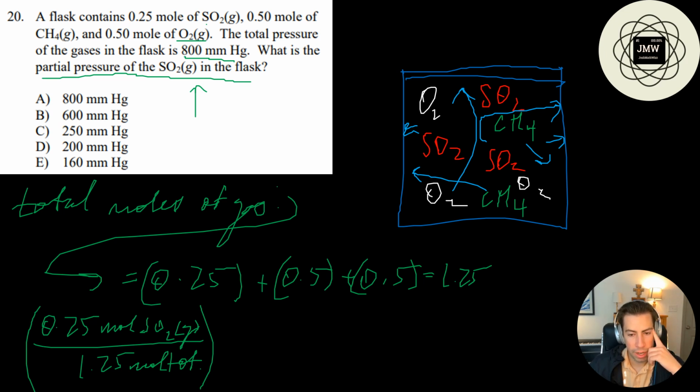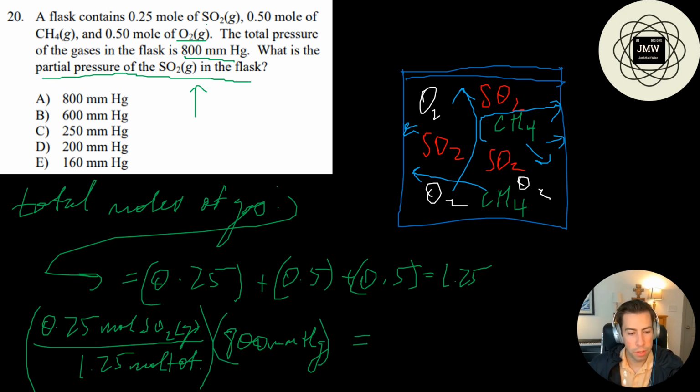Okay, so I have the mole fraction, and that's proportional to the partial pressure. No, that's it. All you have to do is multiply by 800. Okay. I thought that was too easy, but I guess that's it.